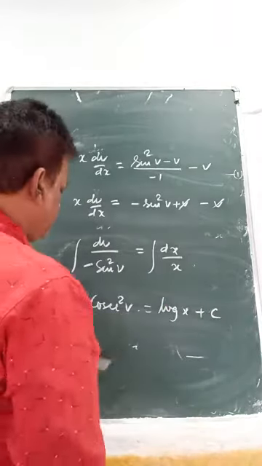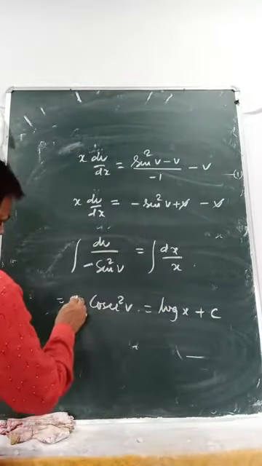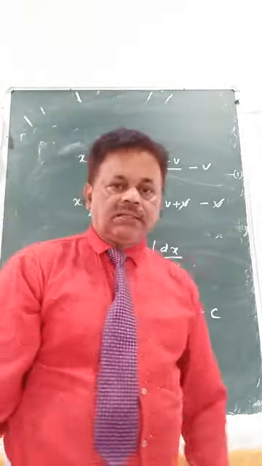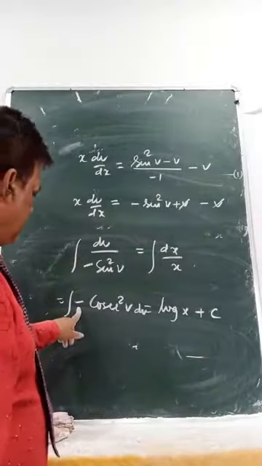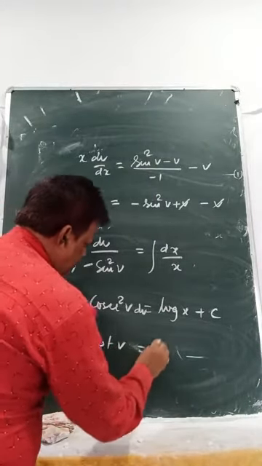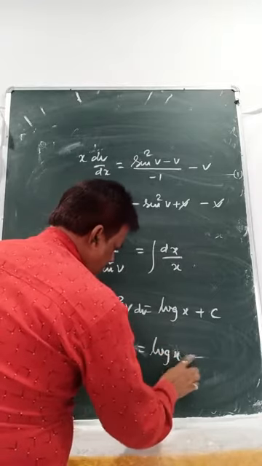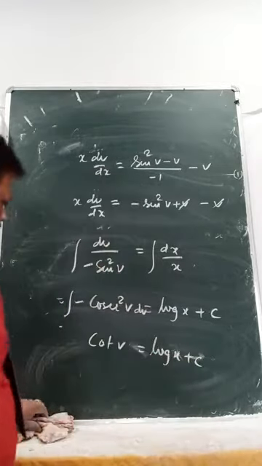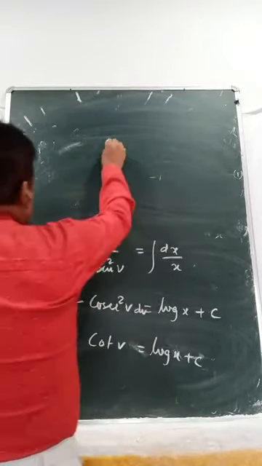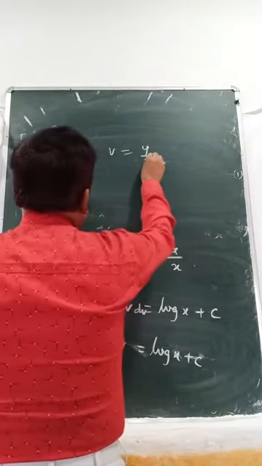What is v now? The integration of cosec square v is minus cot v. So cot v equals log x plus c, where v is y by x.